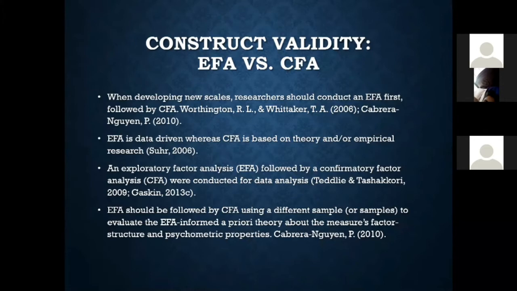And the respondents for EFA cannot be the same in CFA. You need to use other groups of samples. You cannot use the same subjects. So if you have 100, then you need to search for another 200, for instance, to do CFA. That one is in an ideal world.